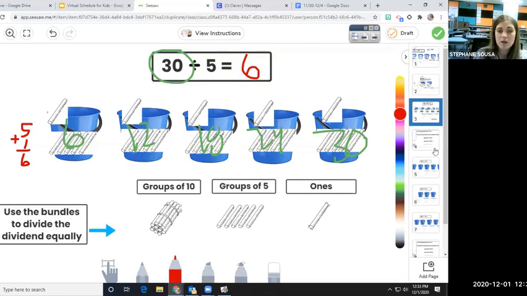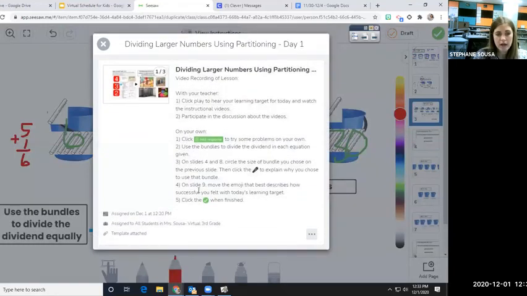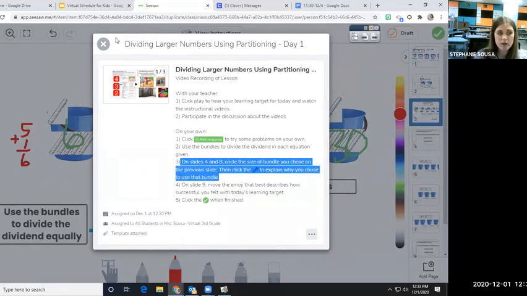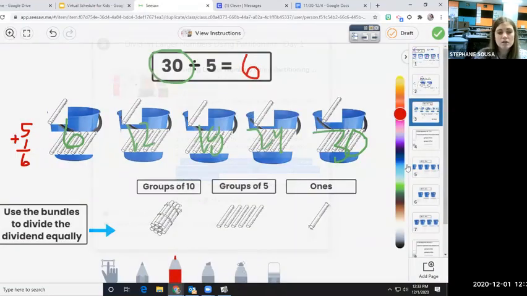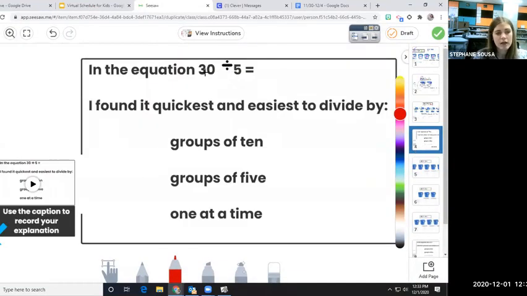Okay. In my directions, there was something special about slides 4 and 8. So I'm going to look. On slide 4, circle the size of the bundle you chose on the previous slide, then click the microphone to explain why you chose that. Okay, so on slide 4, in the equation 30 divided by 5, I found it quickest and easiest to divide by.